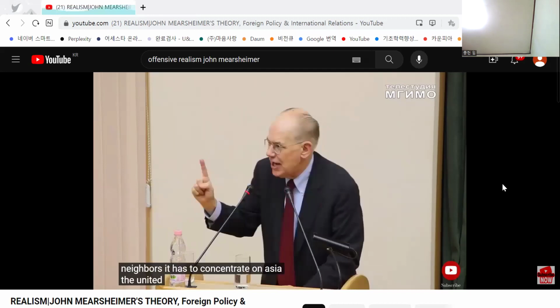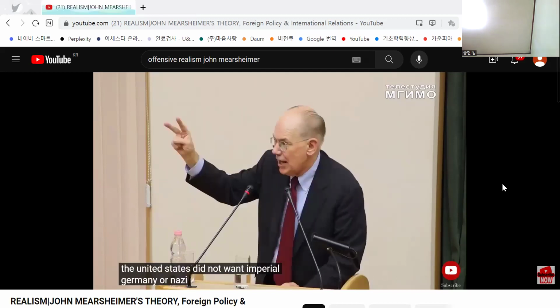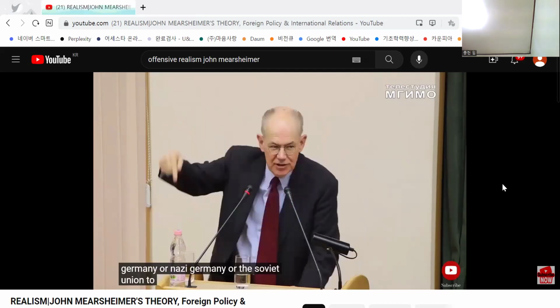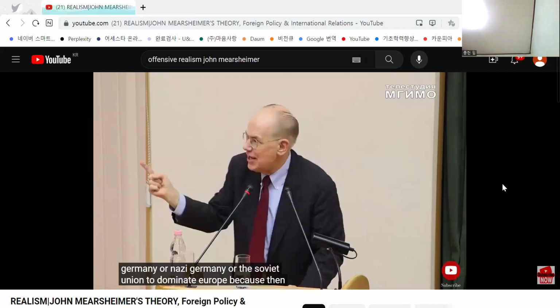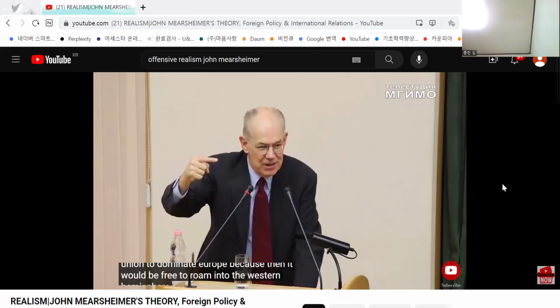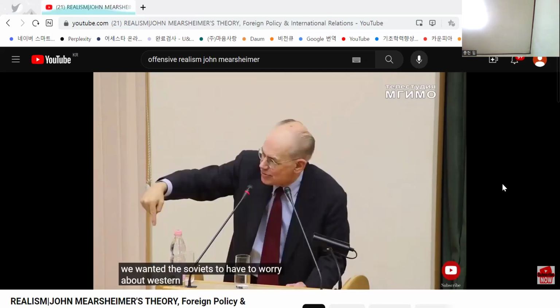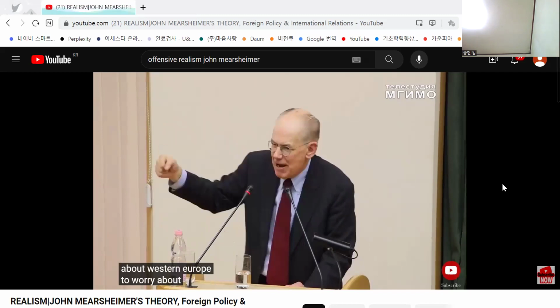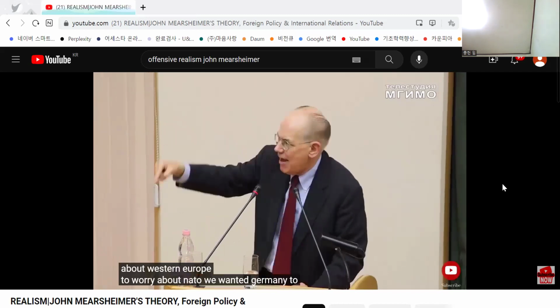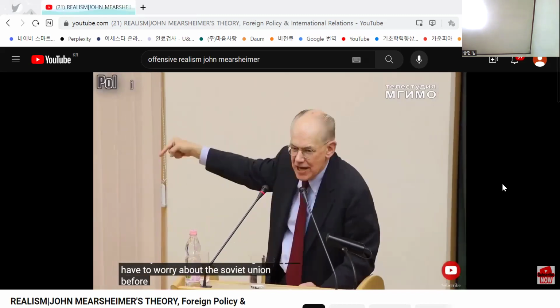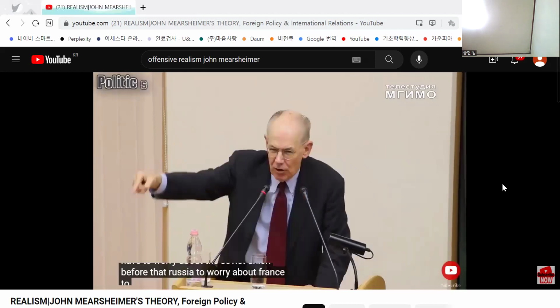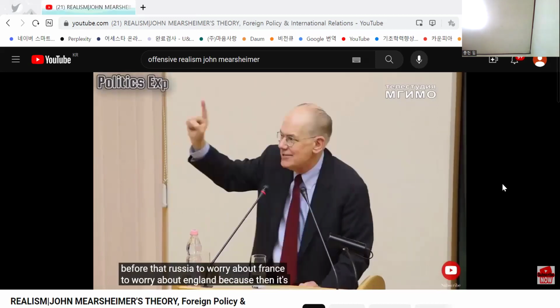The United States did not want Imperial Germany or Nazi Germany or the Soviet Union to dominate Europe, because then it would be free to roam into the Western Hemisphere, into our backyard. We wanted the Soviets to have to worry about Western Europe, to worry about NATO. We wanted Germany to have to worry about the Soviet Union, before that Russia, to worry about France, to worry about England, because then it's not free to roam.